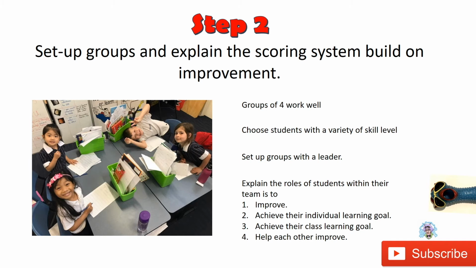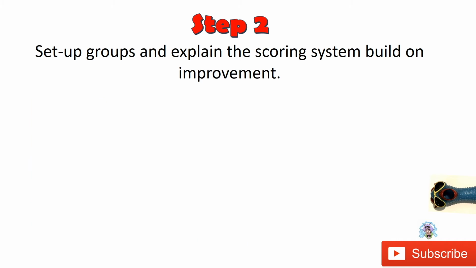Then I explain the roles of the students within their team. They are to improve, achieve their individual learning goals, achieve their class learning goals, and also, importantly, help each other to improve. So, how do you set up a scoring system?